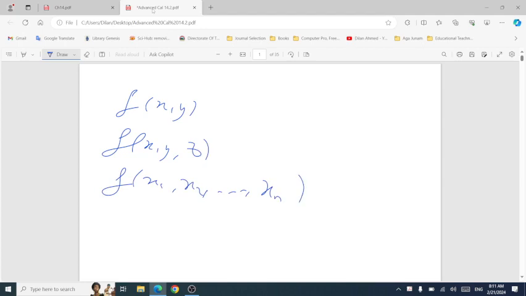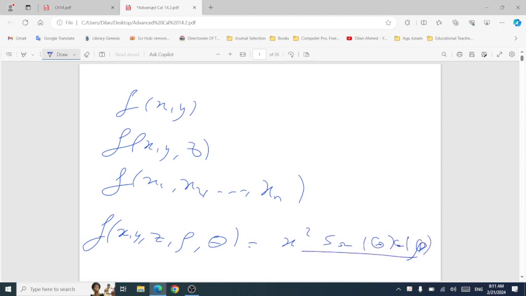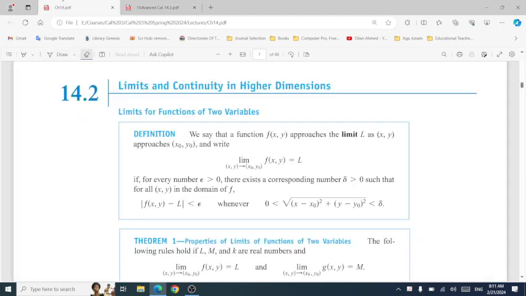For example, you have something in the vector space, say x, y, z, rho, and theta. Your function depends on many things: sine theta, cosine, rho over something, y squared plus z. So it depends on the function that we have. We have several variables. The easiest thing is to start with double variables, if you understand.